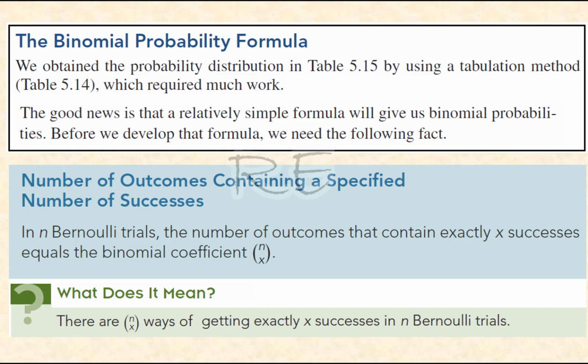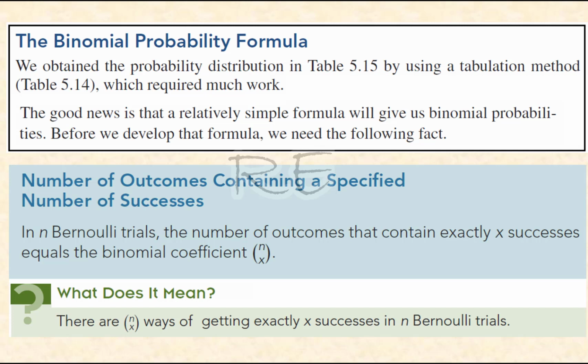The method that we used to obtain the probability distribution was the tabulation method, which involves a lot of work. We can get the same result with a relatively simple formula called the Bernoulli formula, or Bernoulli trial.